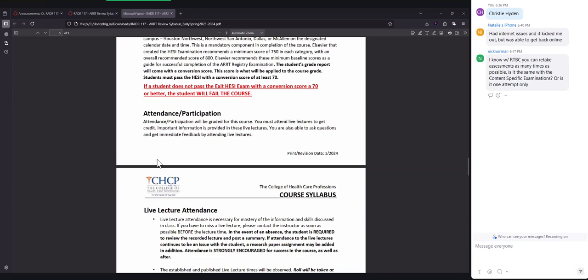Attendance and participation, of course, that's going to come from you typing into the chat your name at the beginning of lecture. You don't have to do it at the end. Also, if I do run long, you are able to leave without any kind of penalty because it is going to be recorded. And of course, you'll be responsible for anything that was said after you left.